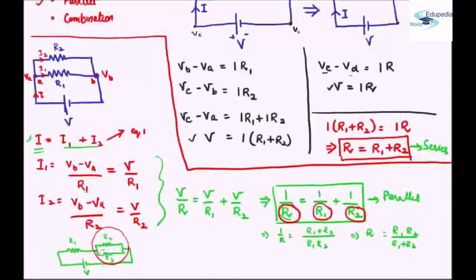Now that resistance you replace for these two resistances, and now that single resistance will be in series with this R1. You can solve two resistances in series. As a result, you will get a single resistance combining all three of them, and then it becomes a trivial Ohm's law application. Fine.